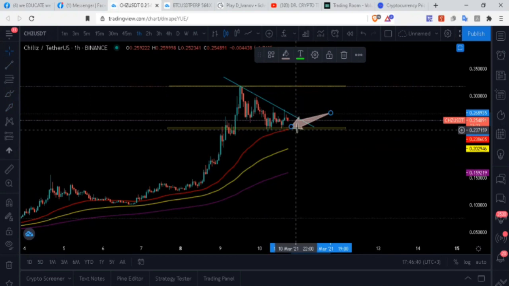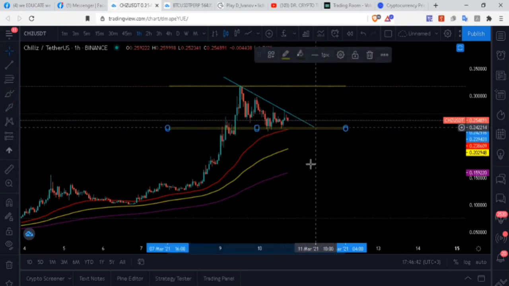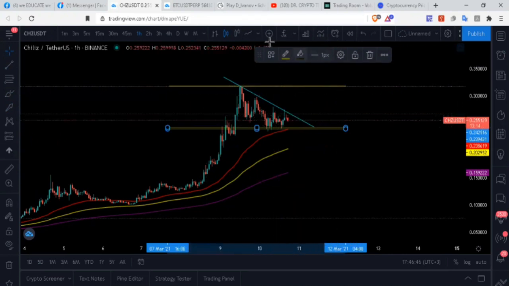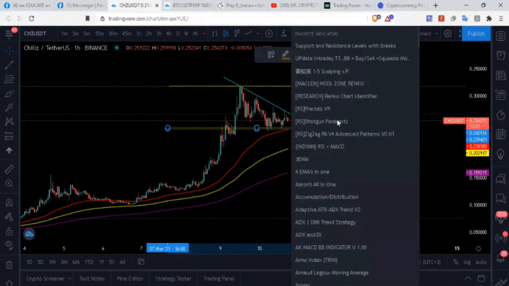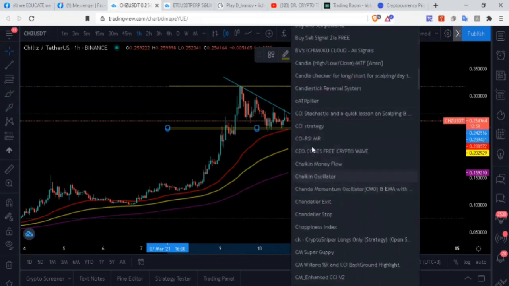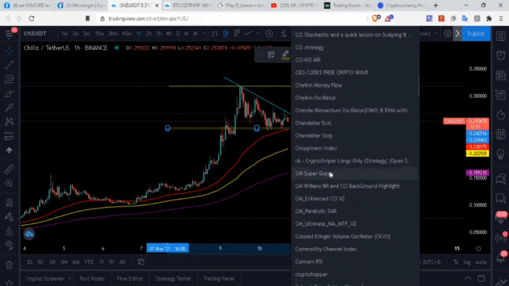Also, one of our confirmations, that's a confluence. So another confluence here, we will use the indicators. One of the indicators could be RSI, MACD, CCI, or stochastic. I will try to use the CCI.